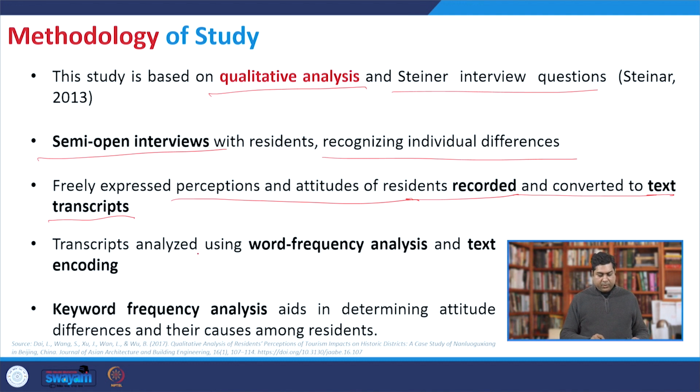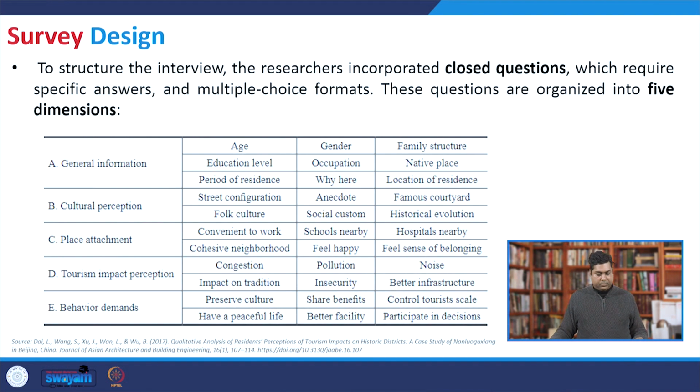The transcript was further analyzed with word frequency analysis and text encoding. Keyword frequency analysis helps to determine the attitude differences and their causes among the residents. So this is an interesting approach. We'll get to know a little more in our subsequent slides.